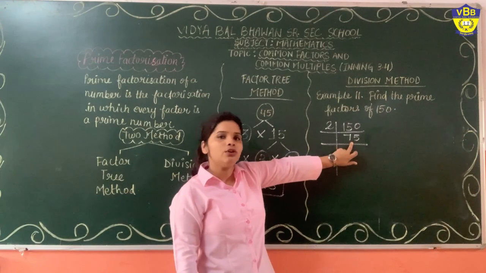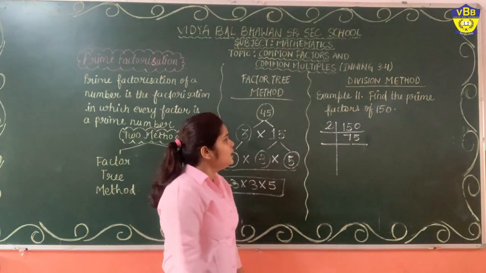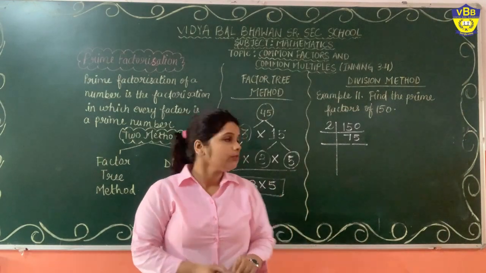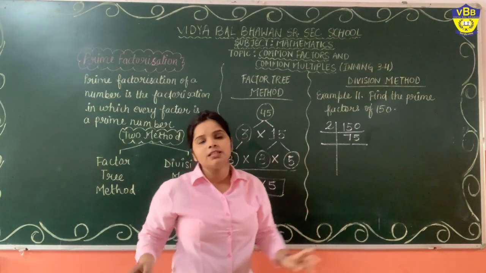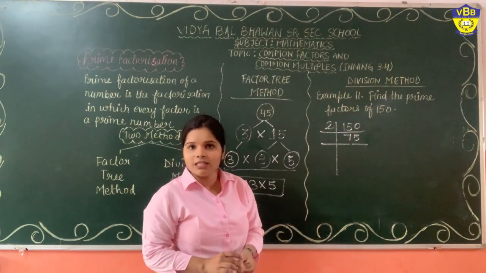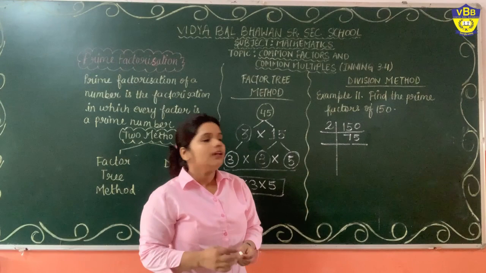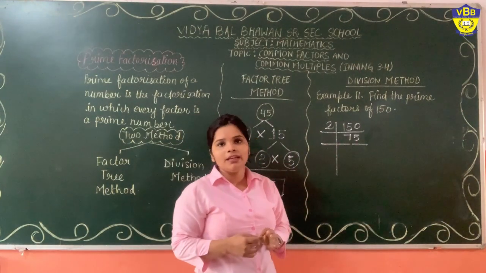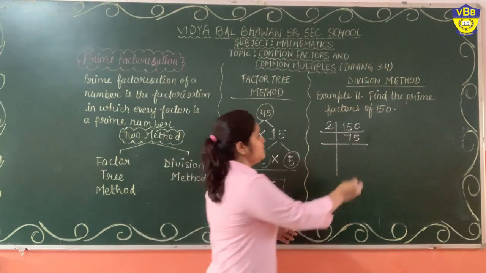Again repeat the process. The smallest prime number is 2. 75 is not divisible by 2, so we will not write 2 here. Is it divisible by the next prime number? The next prime number is 3. 75 is divisible by 3. Yes, it is divisible by 3.